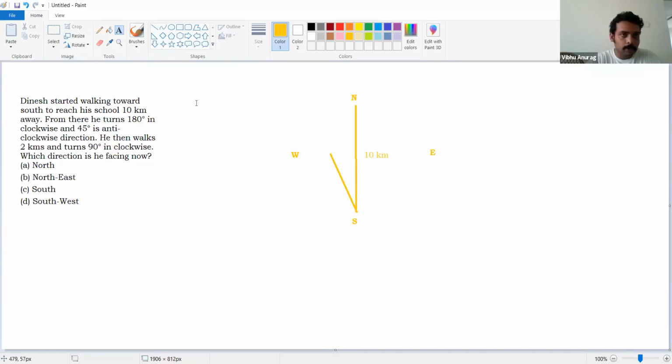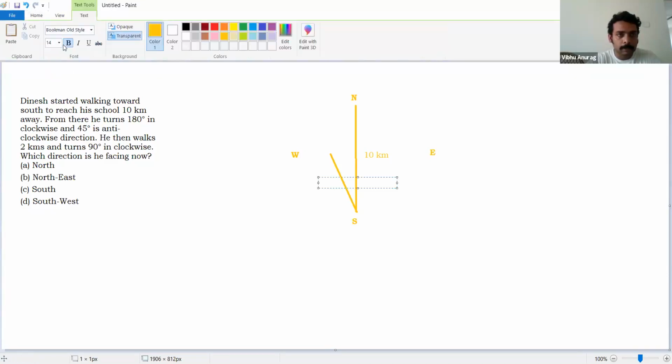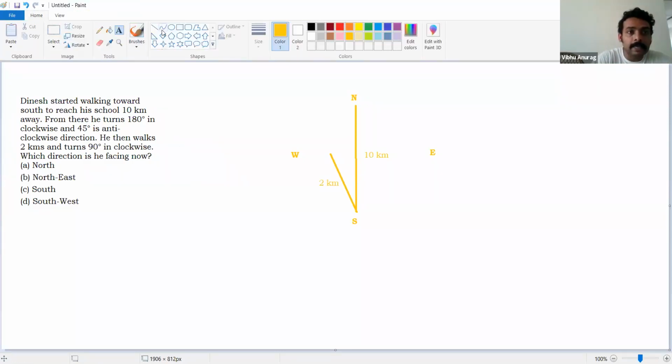And he walks for 2 kilometers here, and then turns 90 degrees clockwise. So he's going in this direction now, which is the northeast. Did you get the northeast direction?